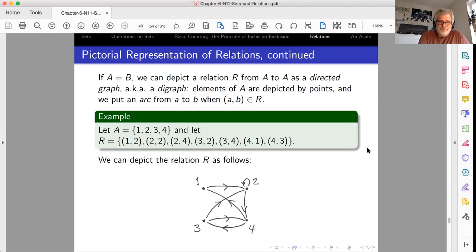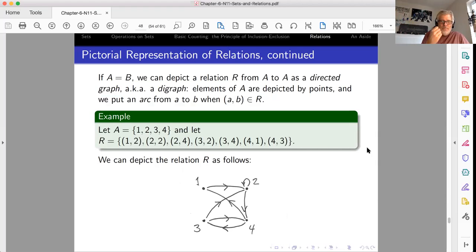So this one, unfortunately, I'm showing you this definition and we'll never do anything with it, which is a bit silly, but that's what I have to do. But digraphs are super useful in computer science.